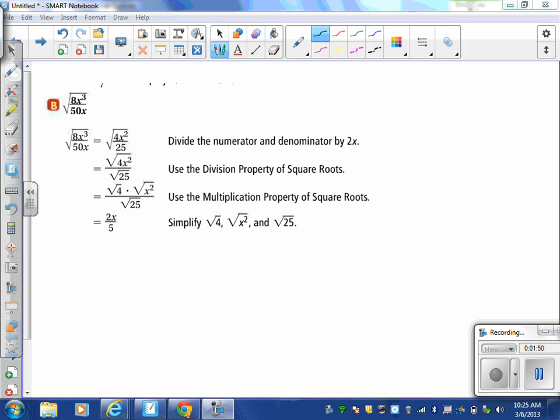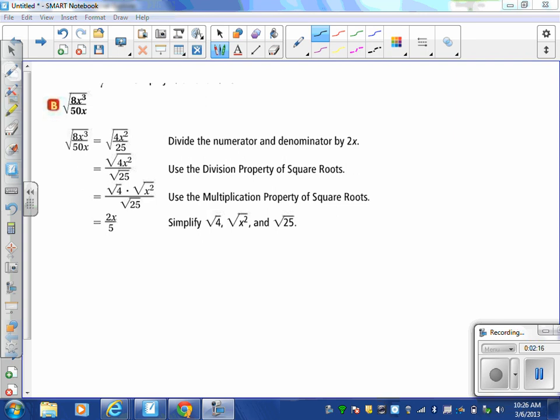Let's take a look at this problem. Now we have the square root of 8x to the third power over 50x. What do we have to do to solve this problem? If you look at these two numbers, 8 and 50, they could be reduced, along with the x to the third power and the x with the 50.